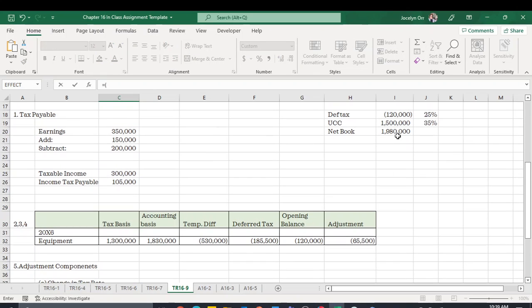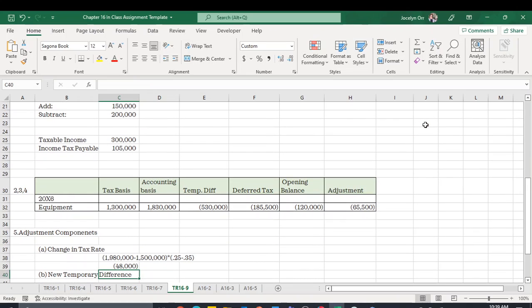So when we do that, we are going to get a difference of $48,000.